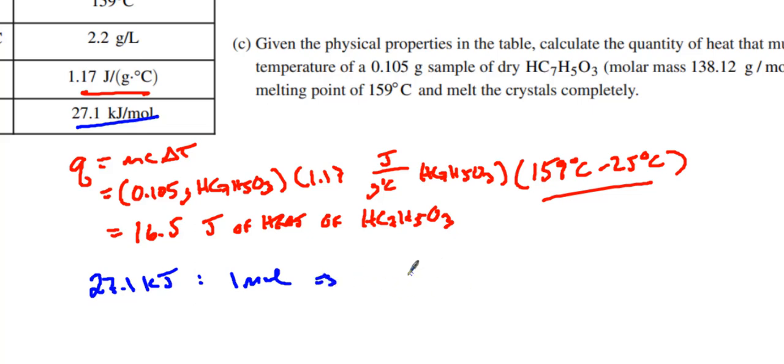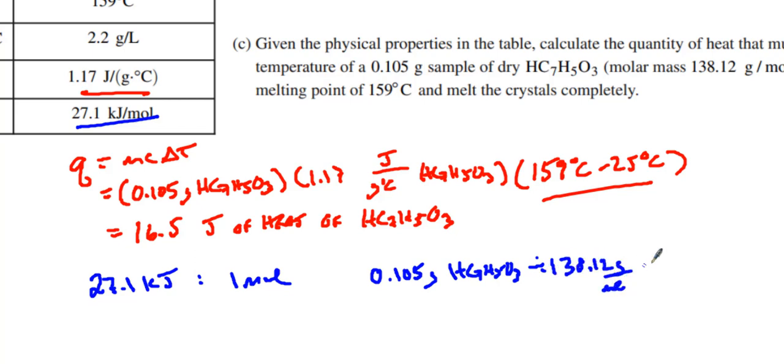Or you could say 27.1 kilojoules for every 1 mole. Well, how many moles do we have? We have 0.105 grams of HC7H5O3. I'm going to divide by the molar mass, 138.12 grams per mole. And that gives me my number of moles I have.